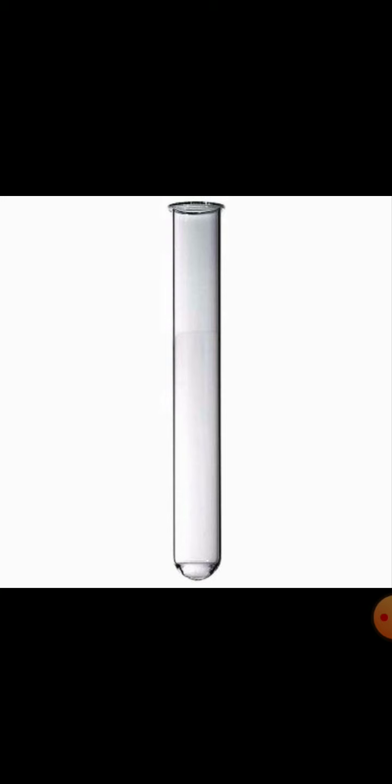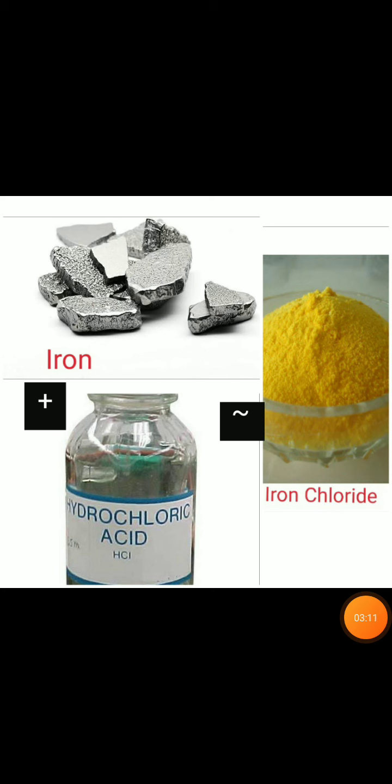So when you see bubbles in the test tube in the reaction of metal and dilute acid, it is the evolution of hydrogen gas. For this example, you need to take a small piece of iron which you will pick with a pair of tongs and put into a test tube filled with dilute hydrochloric acid.